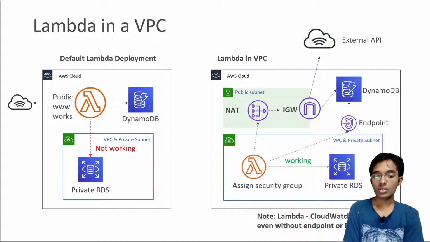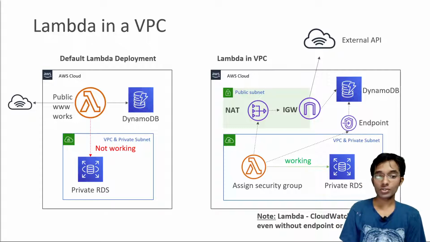The solution is to launch your Lambda within your VPC. Now we have Lambda within our VPC, and because it is within our VPC, it gets an elastic network interface (ENI) and needs to be assigned a security group. So Lambda will have a security group assigned, and now this looks just like an EC2 instance.